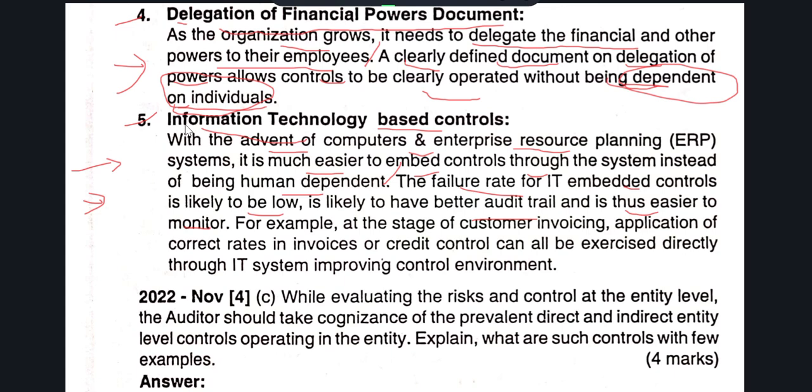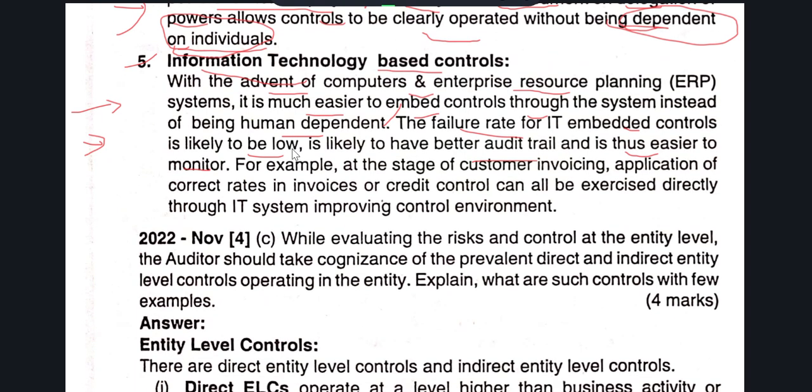If there is no mismatch, then it is good. In this way, the AI will improve itself and present the data very fast. In future, as the AI learns more and corrects its mistakes, it will replace the data entry maker. For example, at the stage of customer invoicing, application of correct rates on the invoice and credit control can be exercised directly through the IT system, improving the control environment.